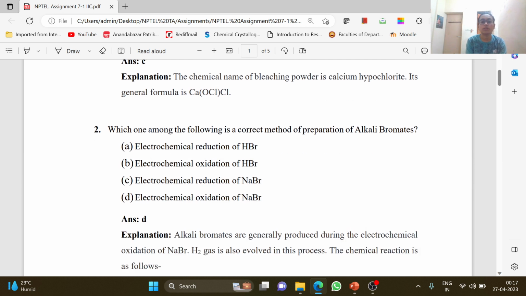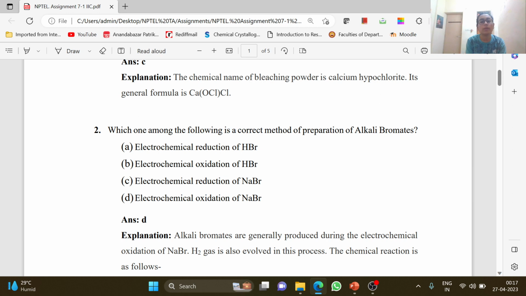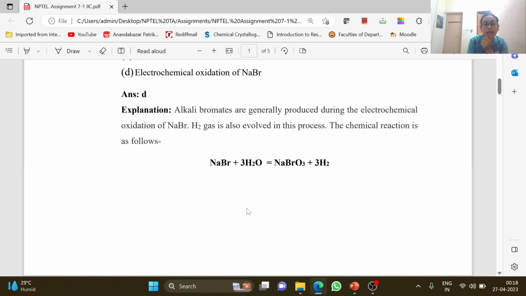Then moving to the next question, which one among the following is the correct method for preparation of alkali bromates? Electrochemical reduction of HBr, or oxidation or reduction of NaBr. The correct answer is electrochemical oxidation of NaBr.